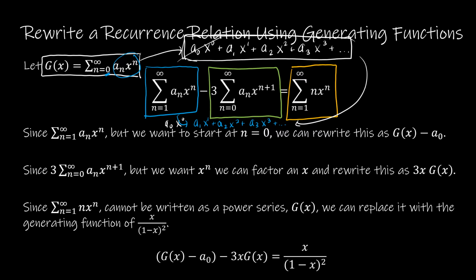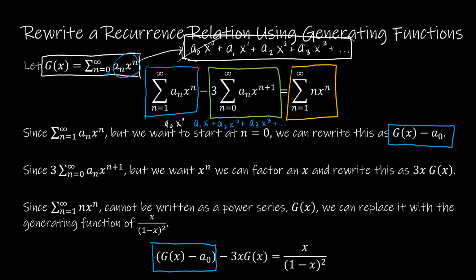So how do I write that? I say take that generating function, that power series g of x, and just get rid of that first value, a sub 0. That's all I have to do for the one I have in blue. So now, as you can see, I'm replacing the first summation with g of x minus a sub 0.